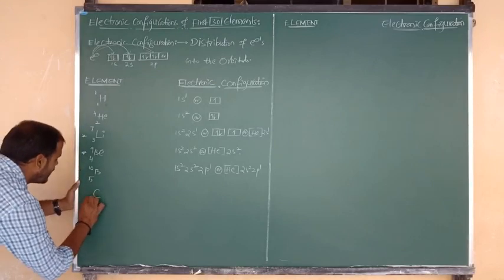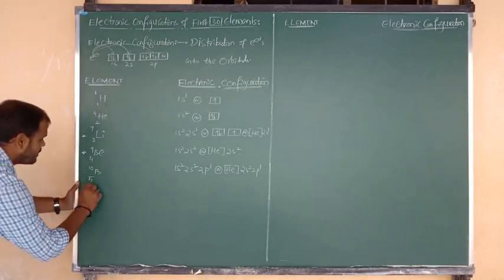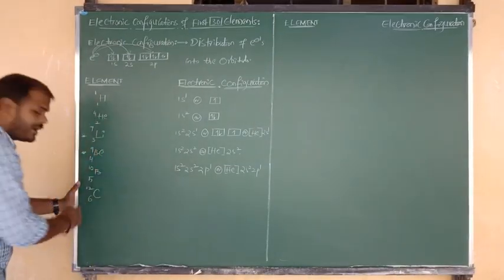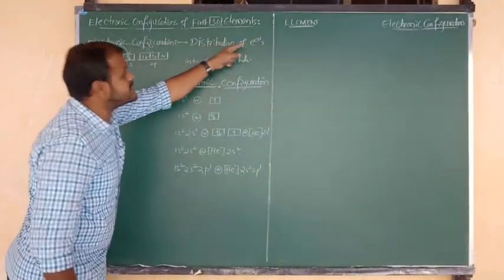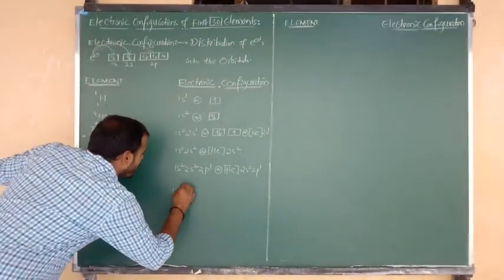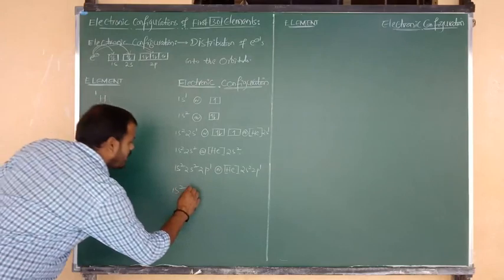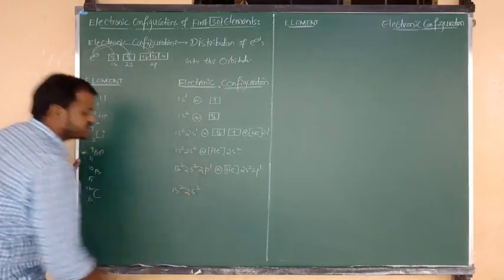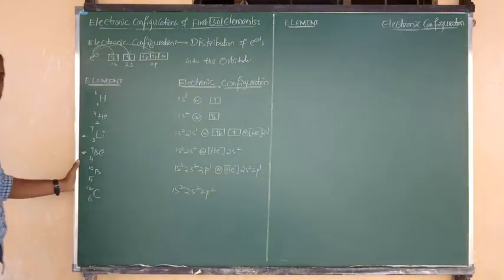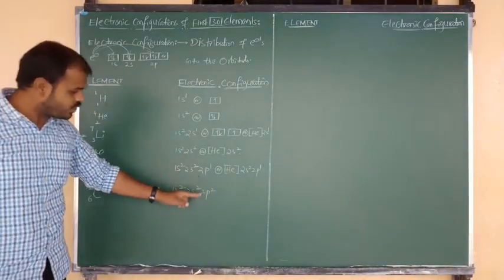Next one is carbon. Carbon atomic number is 6. Mass number is 12. So what is the electronic configuration? Carbon contains a total of 6 electrons, distributed into the orbitals. 2 electrons go to 1s, 2 electrons are distributed into 2s, and the remaining 2 electrons into 2p. 1s2, 2s2, 2p2.